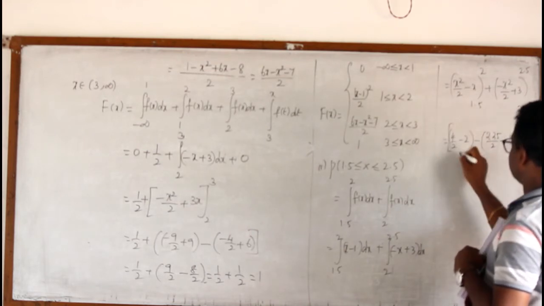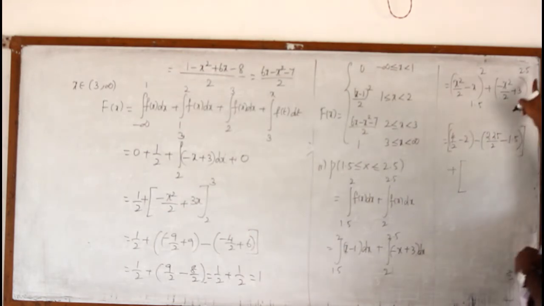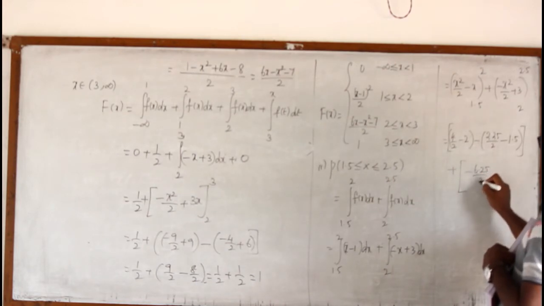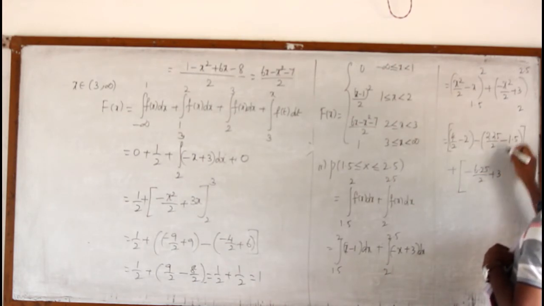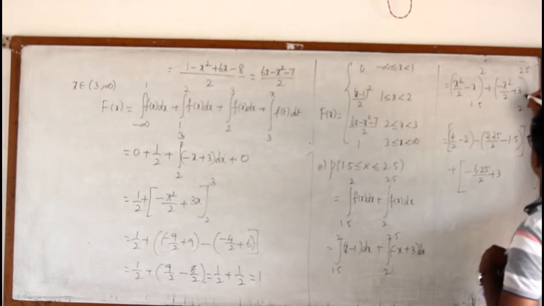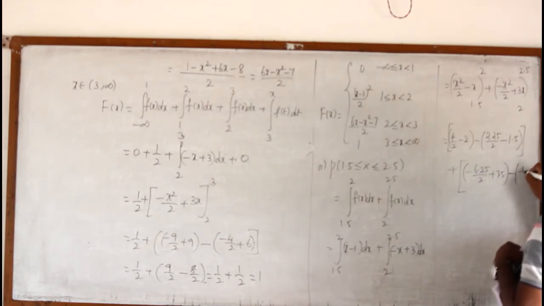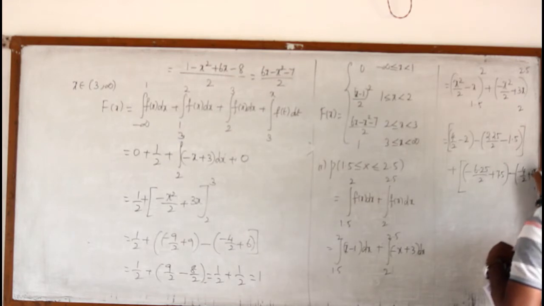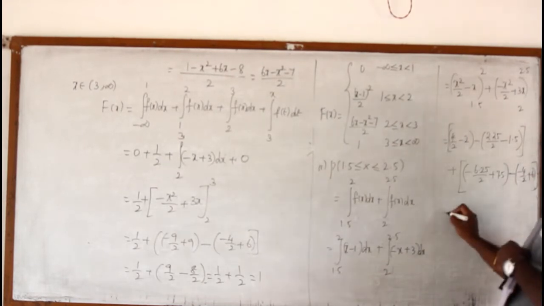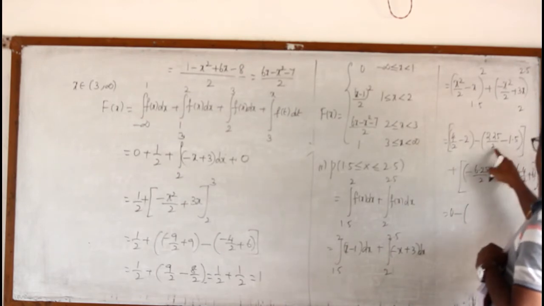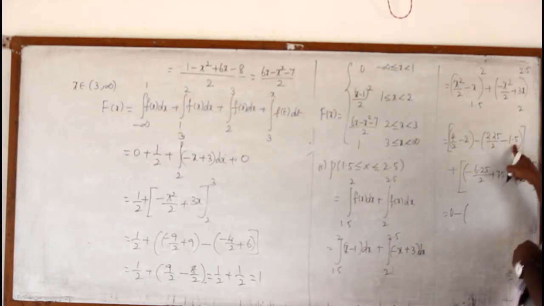This is first term plus minus 2.5 whole square is 6.25 by 2 plus 3x. So it is 3 into 2.5 is 7.5 minus 4 by 2 plus 6. 2 by 2 minus 2 is 0, minus 2 into 1.5 is 3.